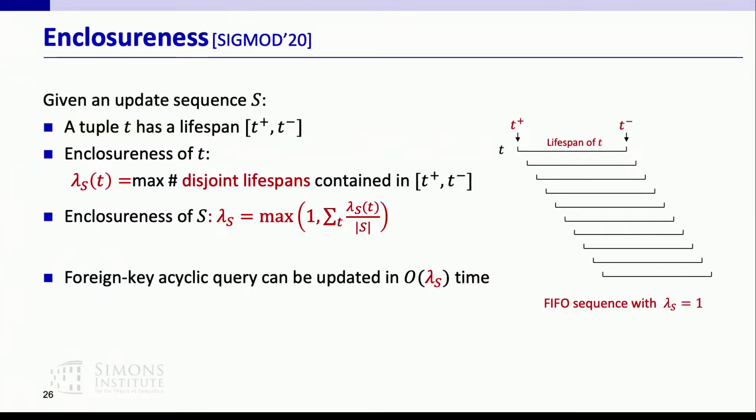And what is foreign key acyclic query? Sorry, what did you say? 0? What is 0? There's no disjoint lifespan completely inside this. It's properly contained, like its own lifespan is always contained. So completely contained, so it's 0. Next question is what is the foreign key?